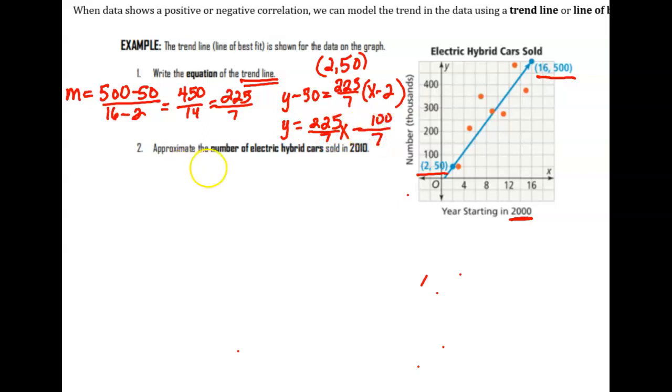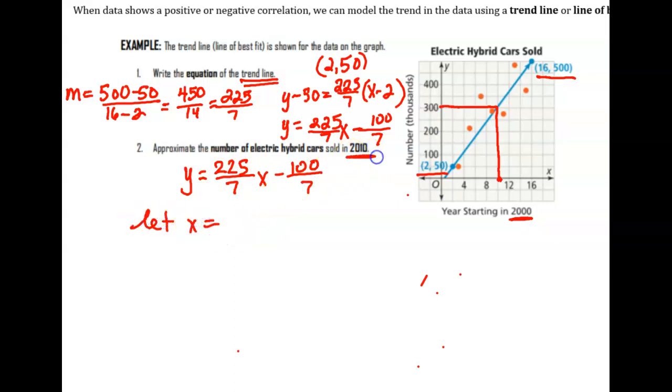So if we wanted to approximate the number of electric hybrid cars sold in 2010, it would be right here on the graph. We can go up right here and see it's going to be a little bit above 300. But we can use the equation that we came up with, 225 over 7 x minus 100 sevenths, and we can let our x be our input.